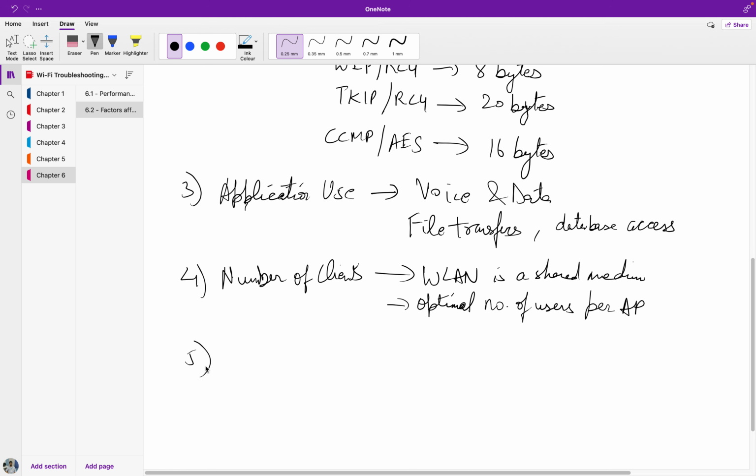And then the last factor I want to discuss, though there are many other factors that also affect the throughput, is my favorite again. We have spoken about this many times in this course: layer 2 retransmissions.